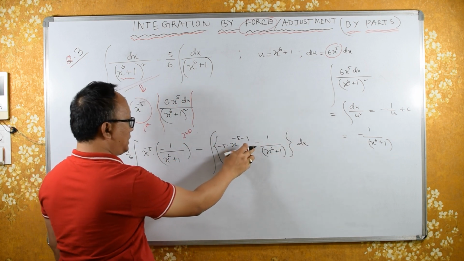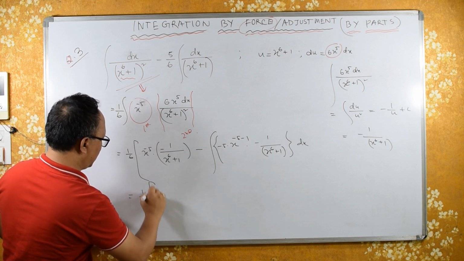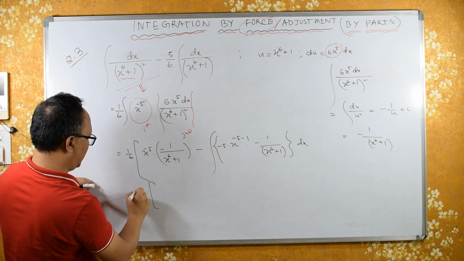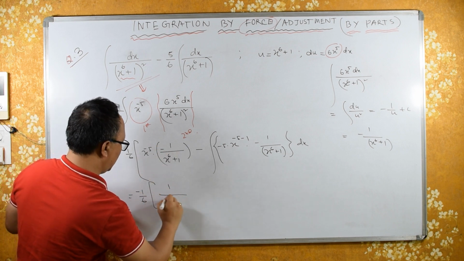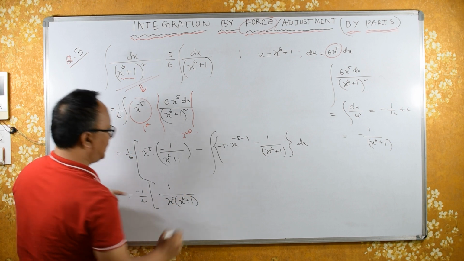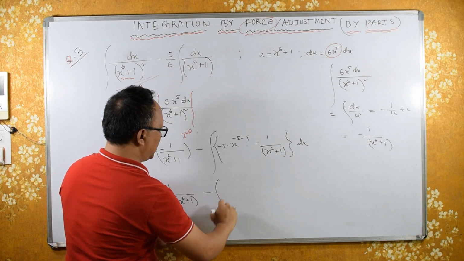Here minus 1 is plus, and here we have 1 by 6. I can say this is the same as minus 1 upon x^5 into (x^6 plus 1). I am writing it neat and clean. Here minus 1 is plus, and minus, here I will get minus.